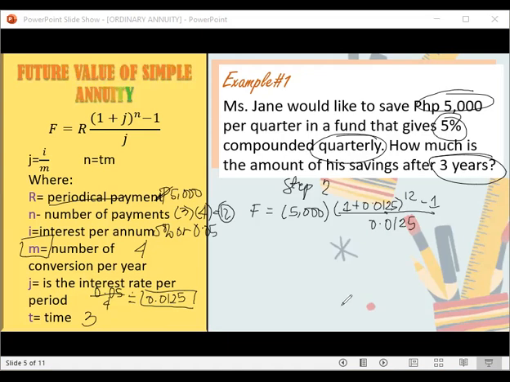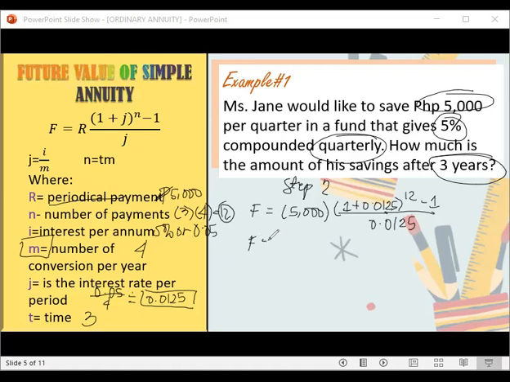Kasi syempre sa calculator, kumbaga diretso na siya, no need to round off. While dito sa pag mano-mano kasi nating sinosolve, nagre-round off tayo in 4 decimal places. So may konting difference pero hindi naman malaki. Okay, magkalapit pa rin.